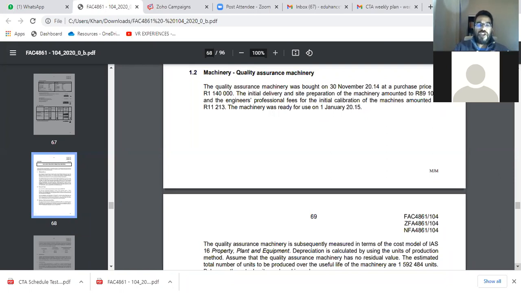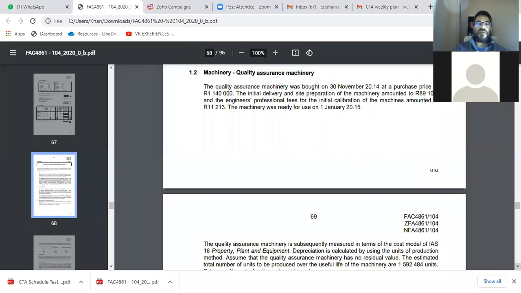In order to have the machine in a place and condition ready to be used, you need the initial delivery and the site preparation. And you need the engineer's fees. So all three costs are costs incurred to bring the PPE to a place and condition ready to be used. So there you got it, the first principle they're testing: how much is the cost of the PPE asset?